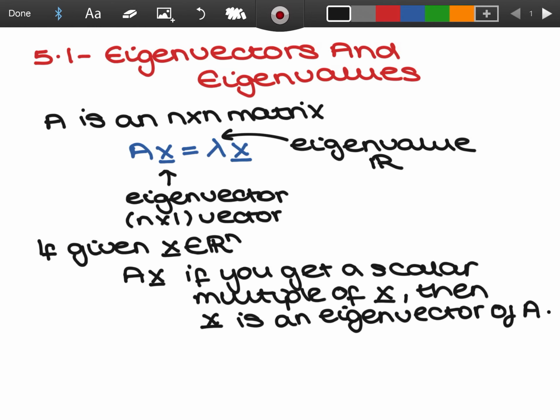Okay, so all you have to do is A times X and just check that you get back a scalar multiple of the vector that you started with.